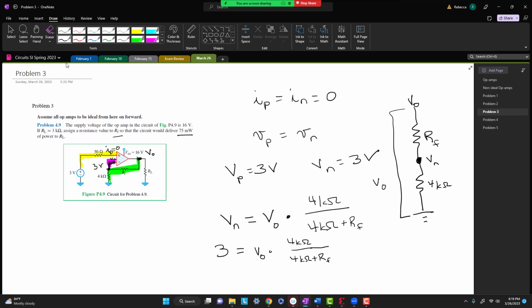Now, I don't have enough yet to figure this out because I have two unknowns there. But I do have this 75 milliwatts of power, and I can use that.